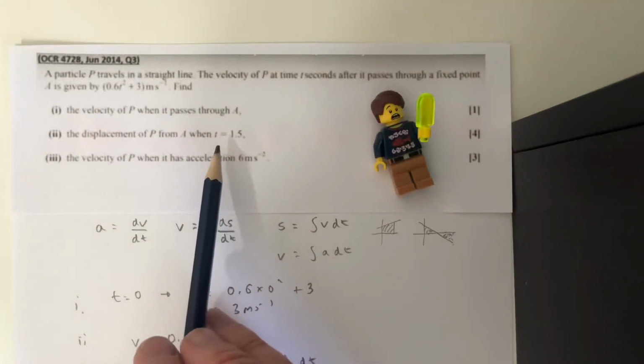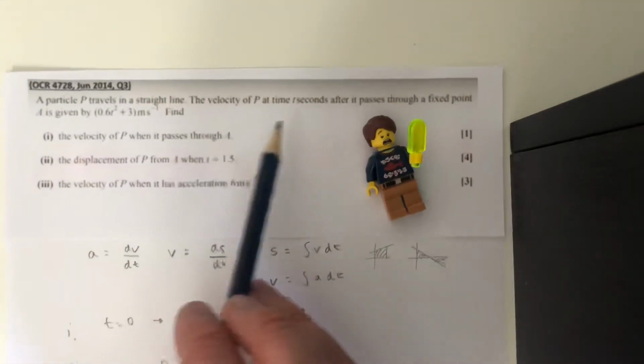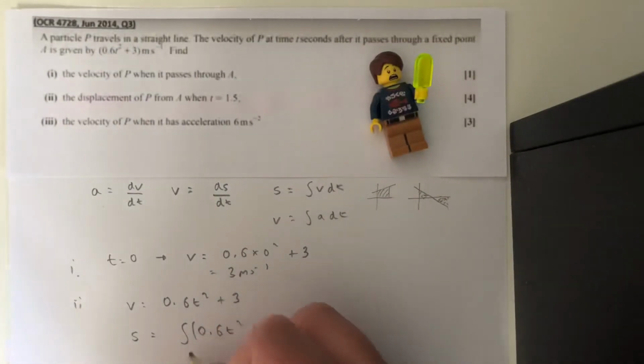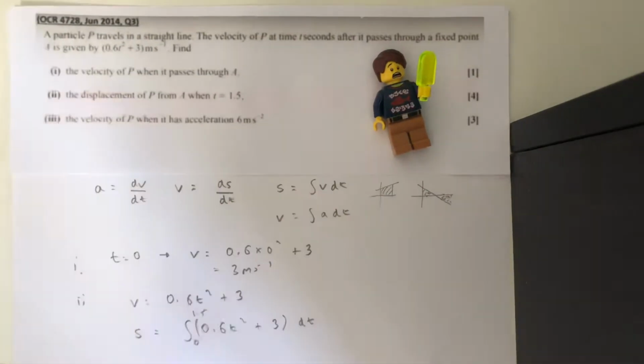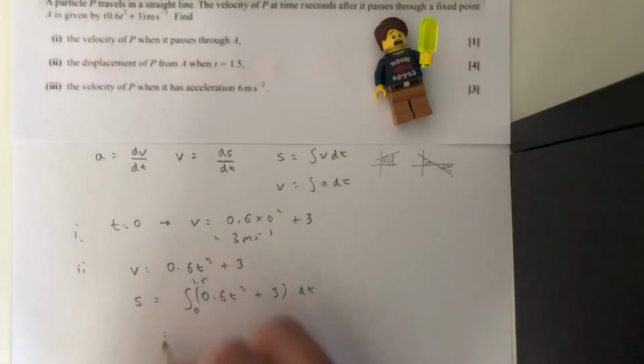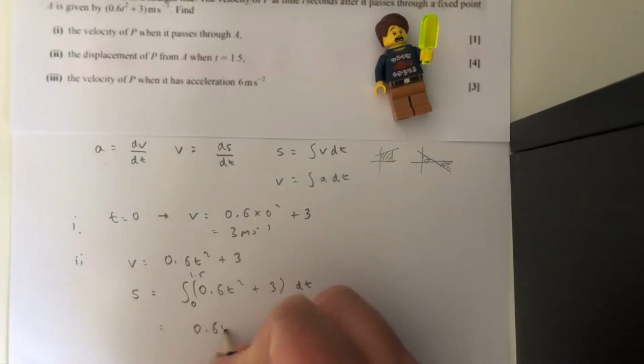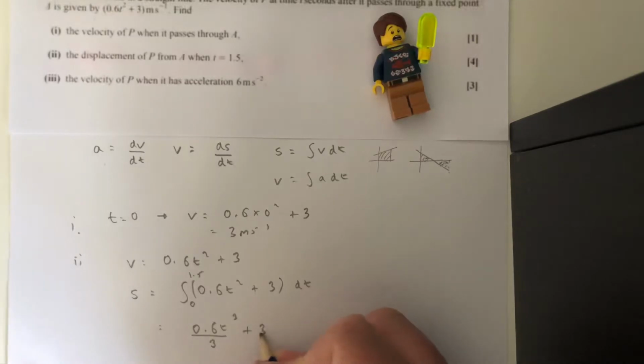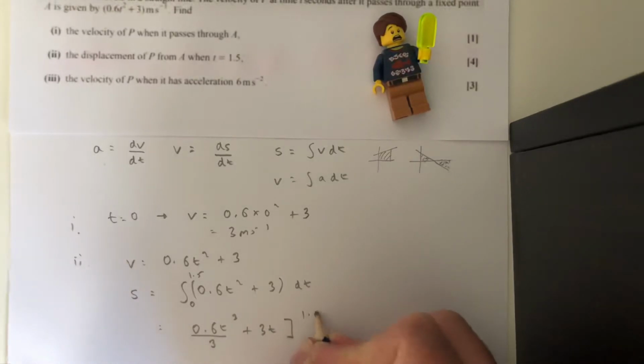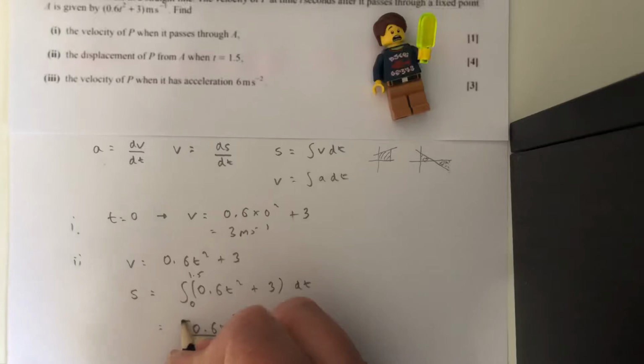And then we read the question, when t is 1.5. Well, we started off at 0 as well, so it's basically from 0 to 1.5 of our integral. So if we do that now, integrate 0.6 t squared, add 1 to the power, so 0.6 t cubed all divided by 3, and 3 will just go to 3t, between 1.5 and 0.